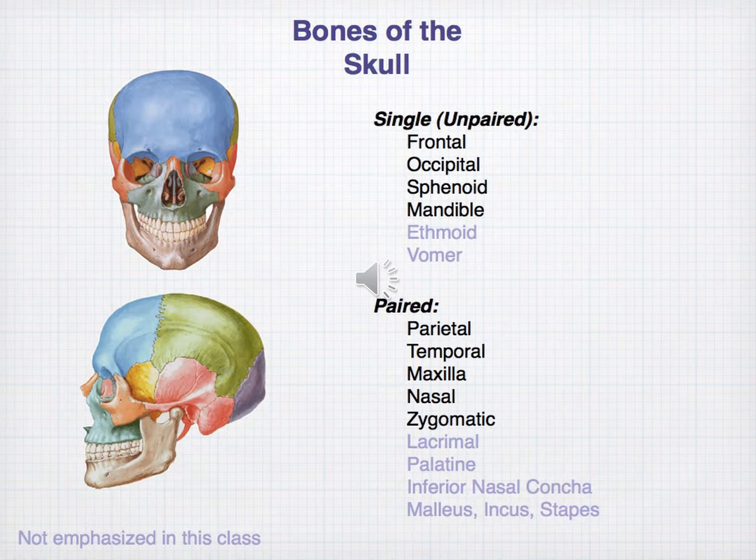However, they're not going to really tell us much in terms of the biological profile, which is the second part of the class, determining whether remains are male or female. So we'll go over the frontal, the occipital, the sphenoid, and the mandible, as well as the parietal, temporal, maxilla, and nasal bones, as well as the zygomatic. Those ones are paired.